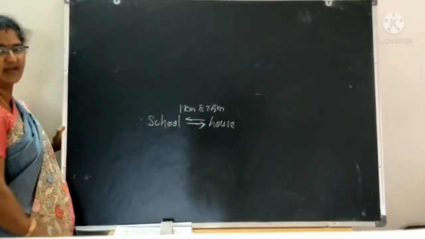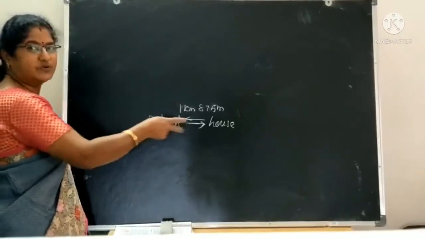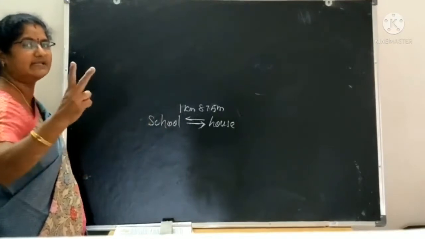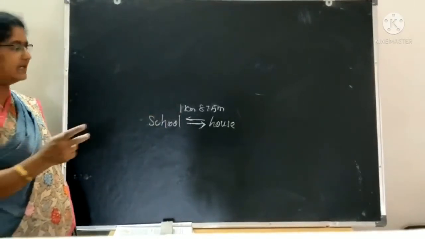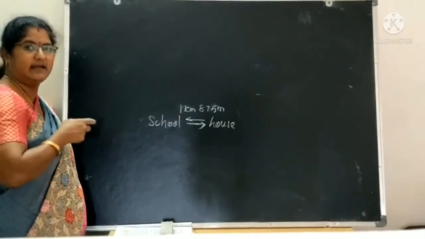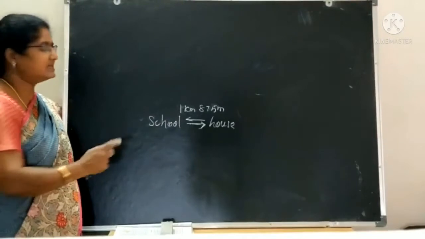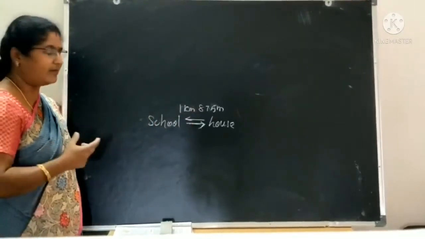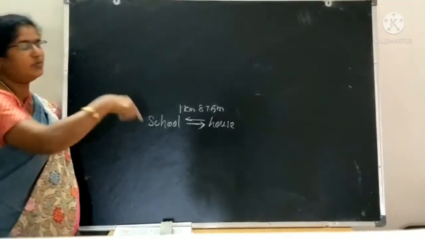She walks 2 times, from home to school and school to home. So we have to multiply by 2 to get the distance covered by her in 1 day. And for the distance covered in 6 days, again we multiply the answer by 6.